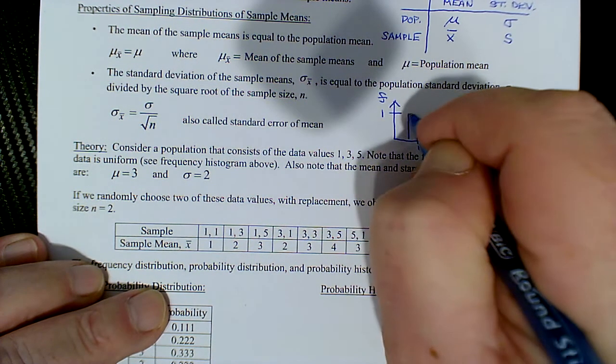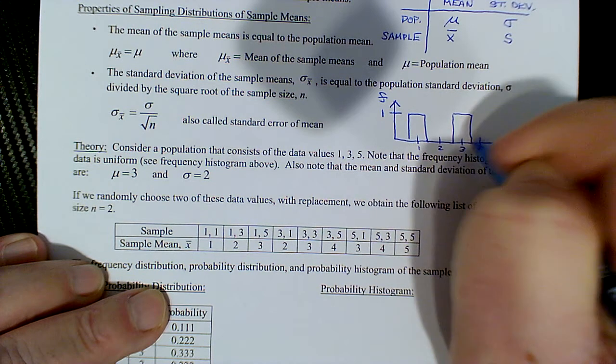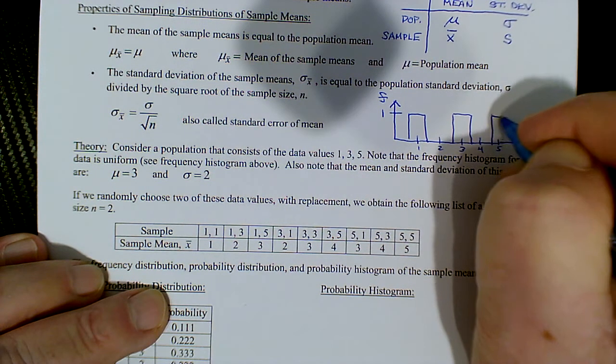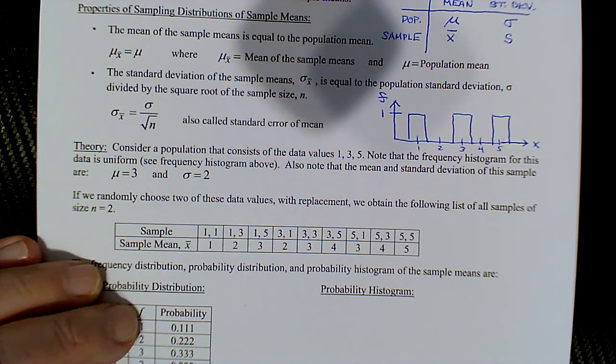So 1 occurs once, 3 occurs once, and 5 occurs once. So it's a flat distribution, and that's what it looks like.